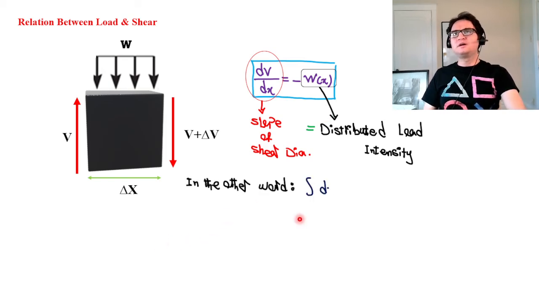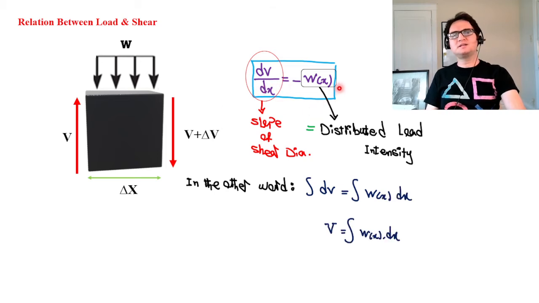In other words, if we take the dx to the other side and integrate both sides, the integration of dV is equal to the integration of w(x) dx. Integration of the derivative is the function itself, so the shear is equal to the integration of w(x) dx.